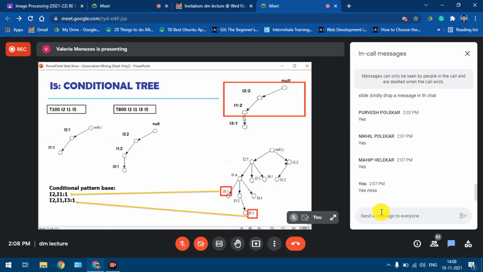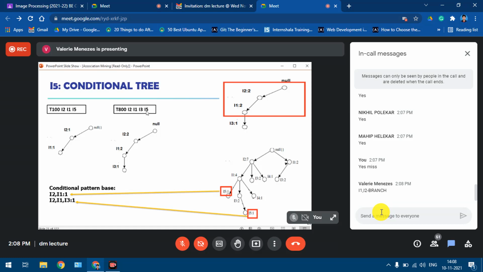Just listen carefully. The I2, I1 branch is extracted. To this branch we will append the suffix 5.